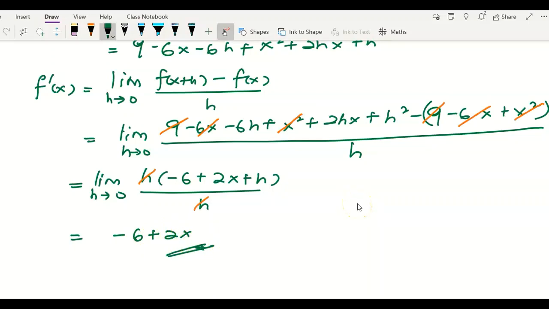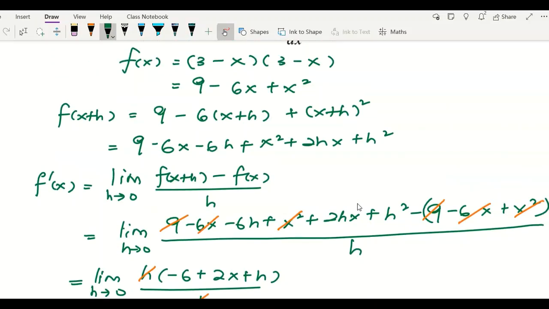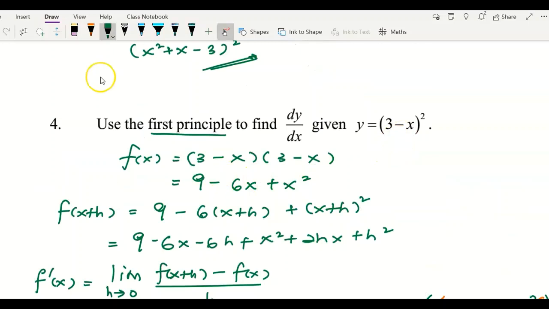And we always can check our answer with the technique of differentiation. If we have this function, we want to use the technique of differentiation to find the dy/dx. Let's see what we get. Alright, we can apply the power rule. 2, you move to the front, fix this as your inner function, and the power is 2 minus 1, you got 1.